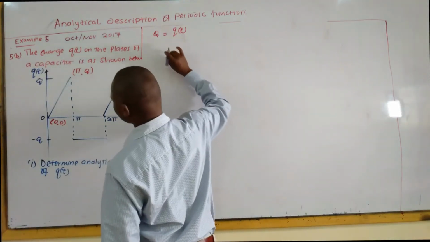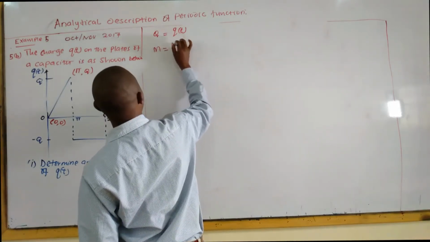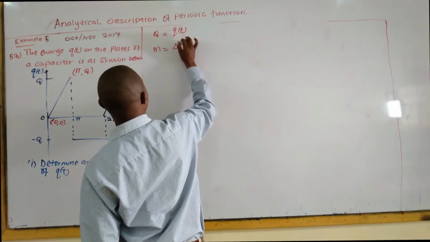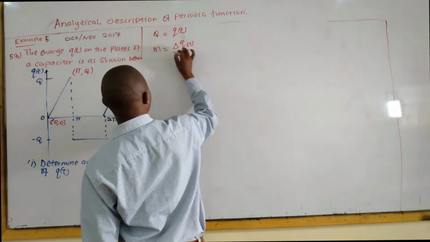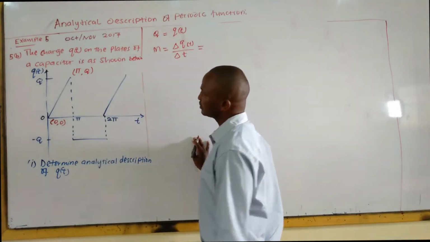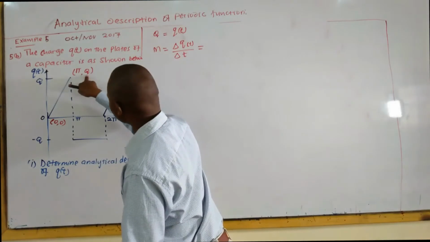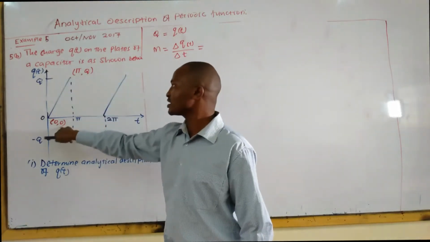Now we know that we need to get the gradient m. m is change in charge all over change in time. Here the charge is Q. Take this one as your first point, this one as your second.